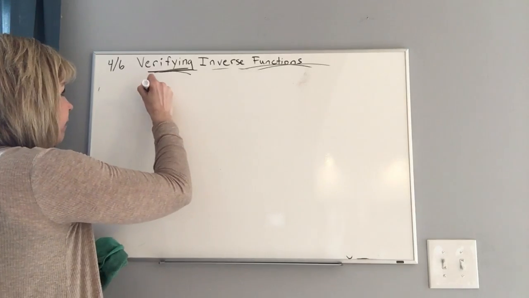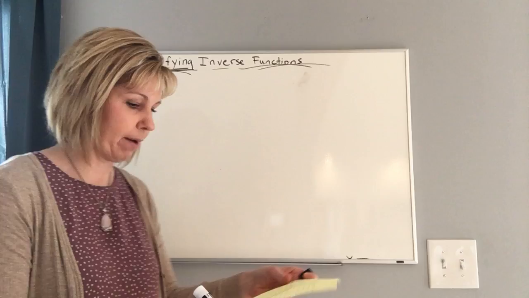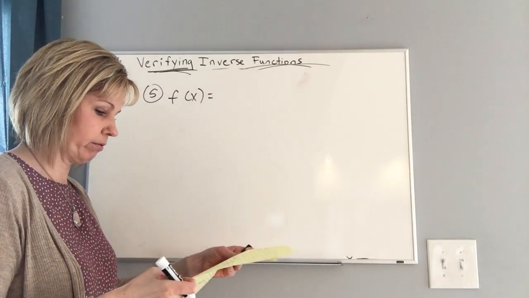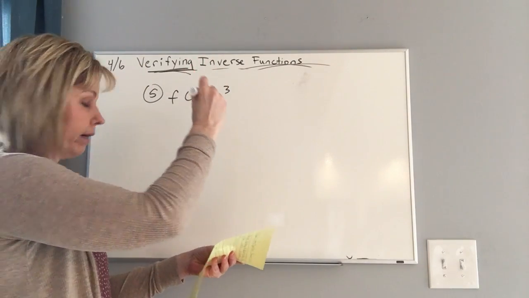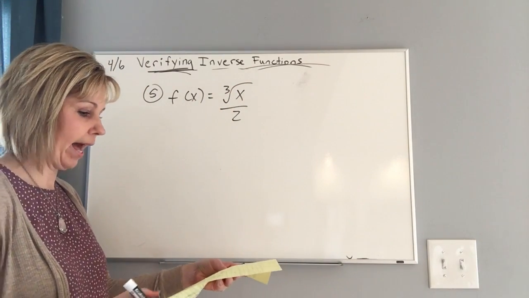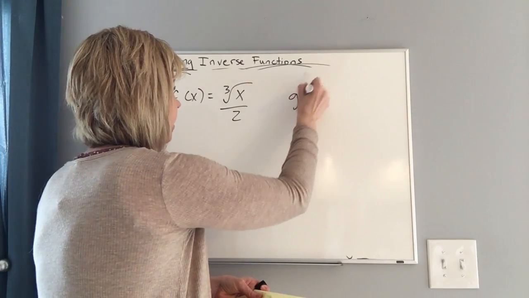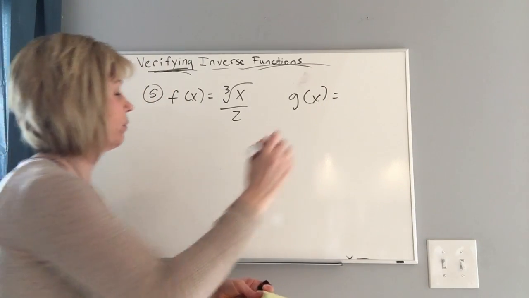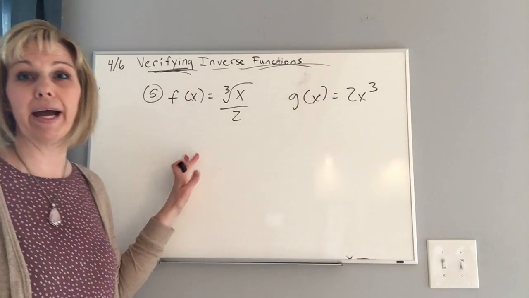Okay, so for number 5, I have written down for my extra examples, f of x equals the cube root of x over 2, and then g of x is equal to 2x to the third. So we're trying to see if that works.